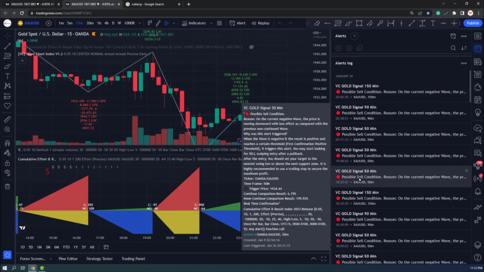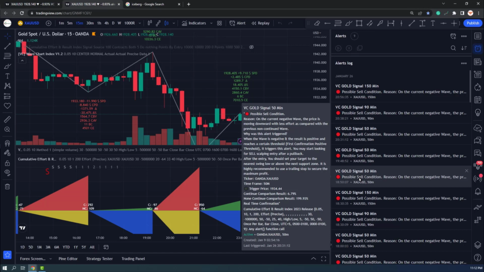The reason is that on the current negative wave, the price is moving downward with less effort as compared to the previous non-continued wave. Why was this alert triggered? When the wave is negative and the result is positive and reaches a certain threshold, it triggers this alert. You may start looking for a sell scalping entry after a pullback.